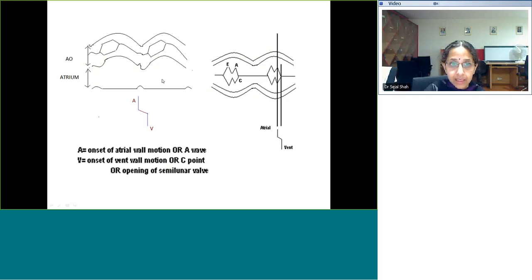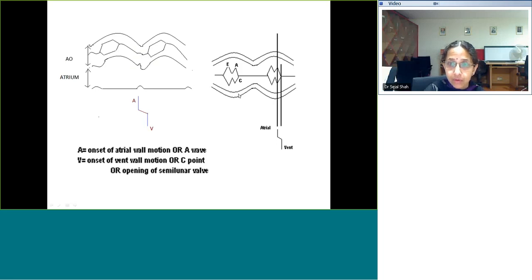A is the atrial activity, marked by the onset of the atrial wall motion, and V is marked by the onset of the ventricular wall motion or the opening of the semilunar valve. This is how we can understand the atrioventricular coordination.